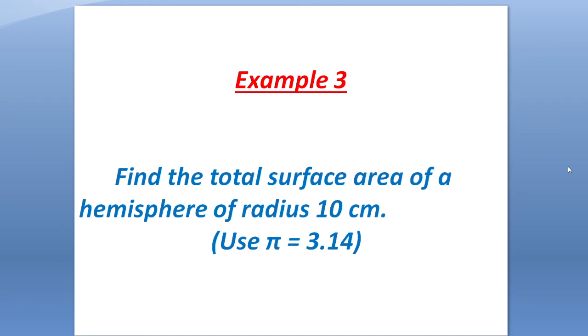Now example number 3. Find the total surface area of a hemisphere of radius 10 centimeter.